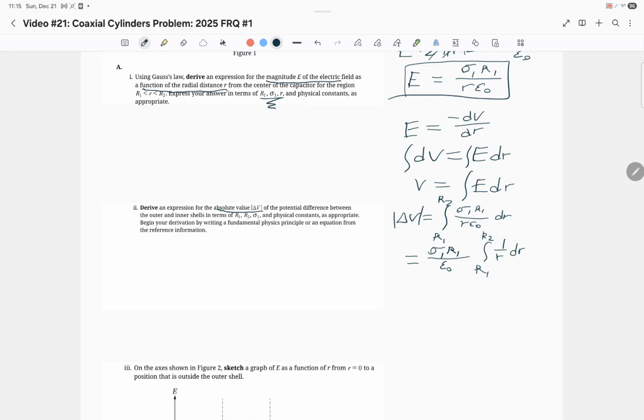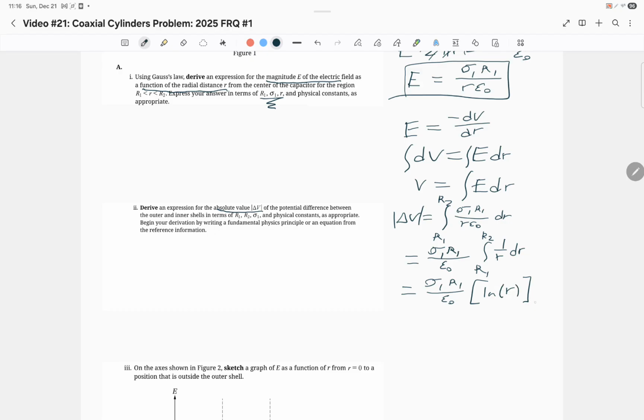If you don't know this integral, it's on your equation sheet, but you should know it, because that's the natural log. Absolute value isn't of too much importance here because we're dealing with radii, which are positive by nature.